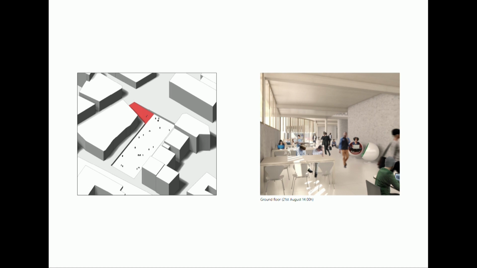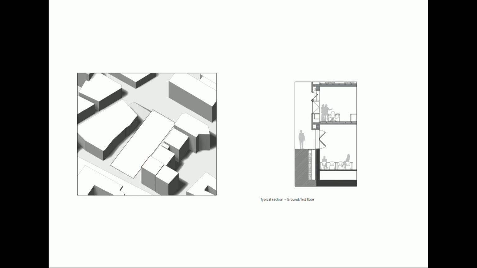So the first design decision was to introduce a ramp and the entrance of the building on the top peak corner that would lead to a semi-public underground space. That would be used for co-working spaces or for other public activities, on top of which the first floor would be located.